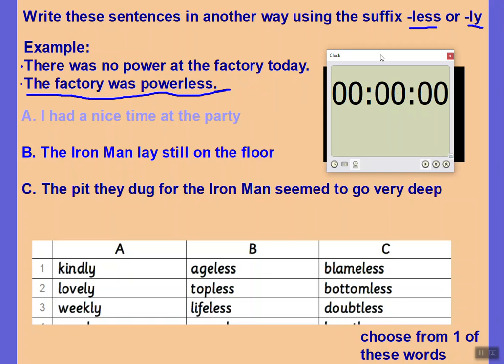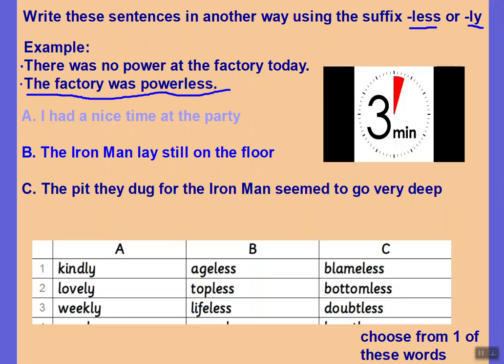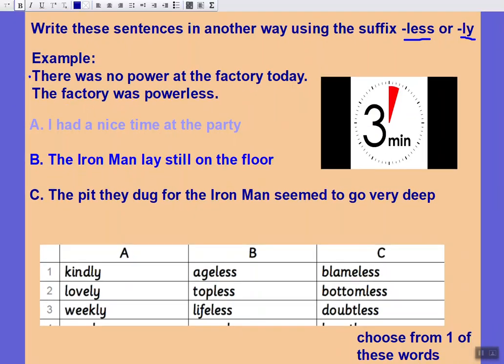Fabulous job, everybody. Okay, so I'm just going to give you an example of what the sentences could be. It doesn't have to be exactly the same. So this is just an idea of a sentence that you could use, but make sure you've used the right word and that your sentence makes sense. Okay, so I'm going to change this one to, I had a lovely time at, and I'm going to add a bit more detail.